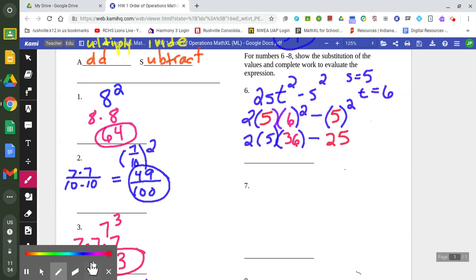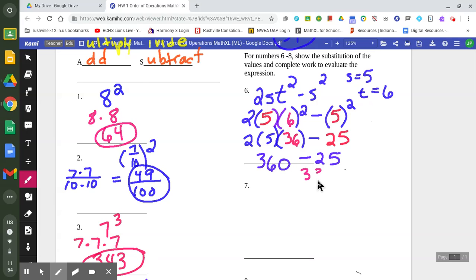And you have 360. And then minus the 25. And so then your next step, you will minus that 25, and so your final answer is 335. And again, all that work is expected to be showed to get credit.